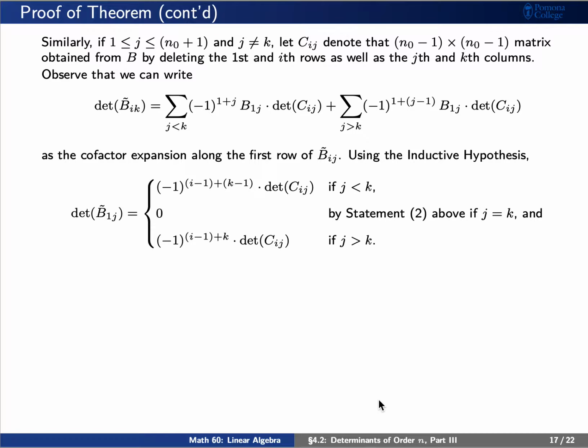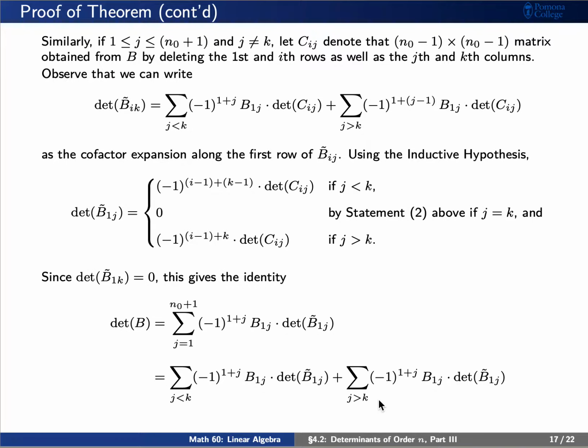So, because we had the standard basis vector e_(k-1) in row i minus 1, we have the formula you see here when j is less than k. When j is equal to k, remember that in row i minus 1, we had a row of zeros. So according to statement 2, the determinant here is 0. And finally, if j is greater than k, remember that in row i minus 1, we had the standard basis vector e_k. So using the inductive hypothesis, we see the expression that you have here.